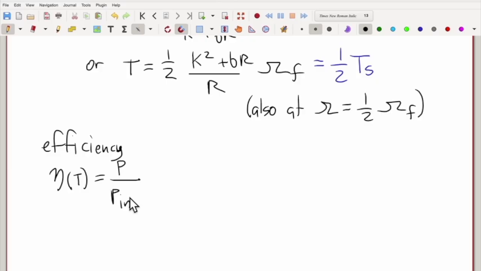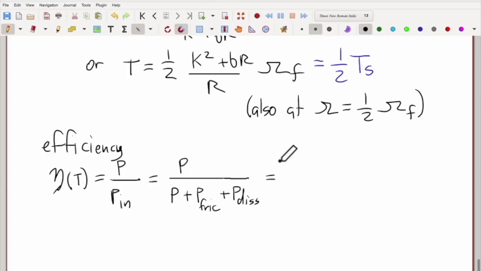Well, we can equate that to P in is equal to P plus these losses. So one of the losses is this frictional power, and the other one is the thermal losses due to heating up in the coils there. So these are the sources of losses. This is eta, efficiency.